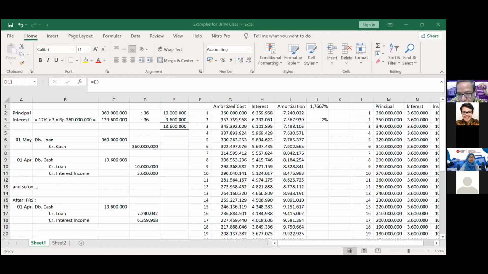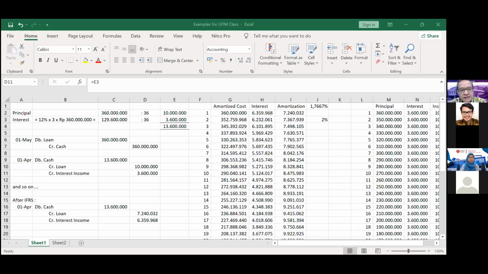The probability of default is this one. This is the probability that the loan will be in default in the next year, 1 year after the loan is extended. The probability is this, and the loss will be like this.